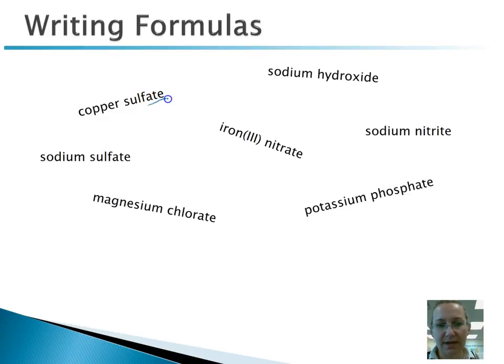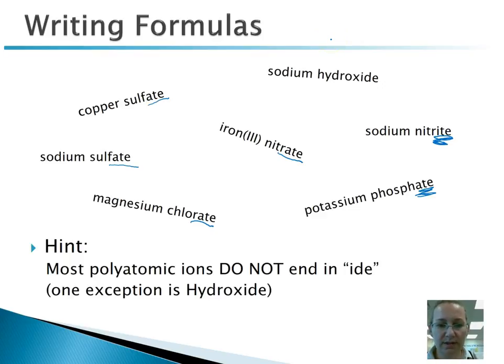We have sulfate here, we have chlorate, we have nitrate, we have nitrite, there's an ITE, here's phosphate. The only one that actually ends in "ide" is hydroxide. So most polyatomic ions don't end in "ide." The only exception is hydroxide. So you really have to memorize that hydroxide is actually OH group and it has a -1 charge.